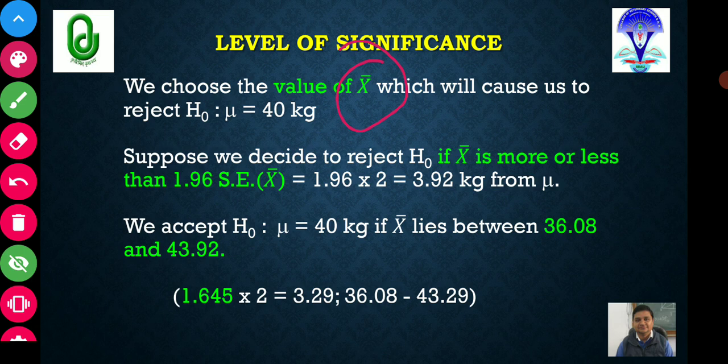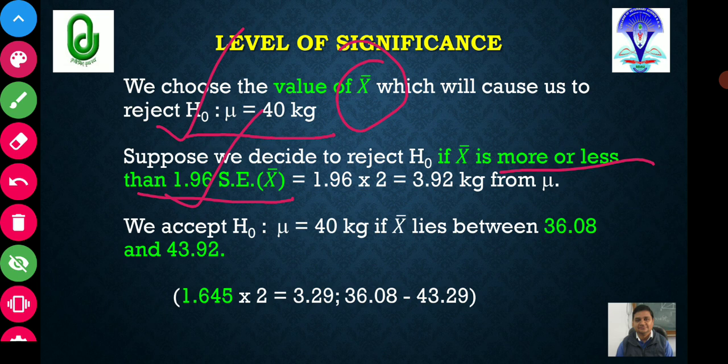So we choose the value of x bar which will cause us to reject the null hypothesis. So what value of x bar will cause us to reject the null hypothesis? Suppose we decided to reject the null hypothesis if the mean is more or less than 1.96 standard error of x bar. So what was the standard error?